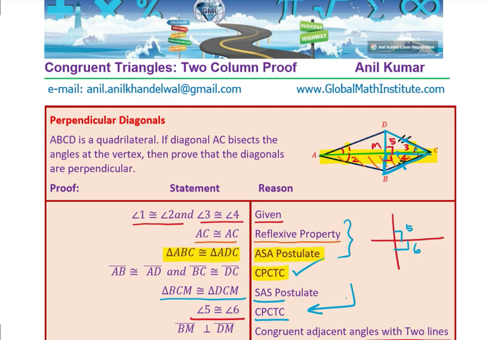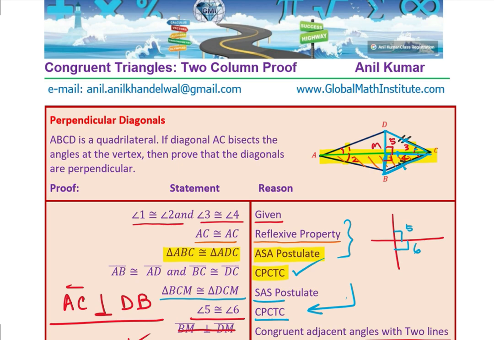Using that, we can show that, in fact, I should have written that AC is perpendicular to DB. So let me rewrite this as the diagonal AC is perpendicular to the diagonal DB. You get the idea, correct? So that is how we show that the diagonals intersect at right angles.